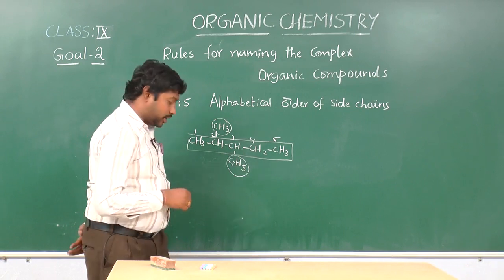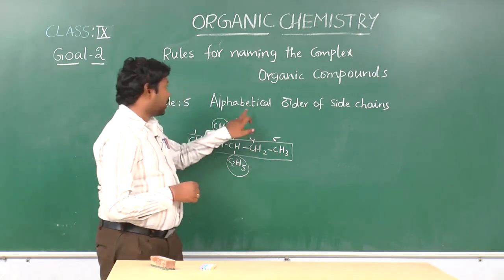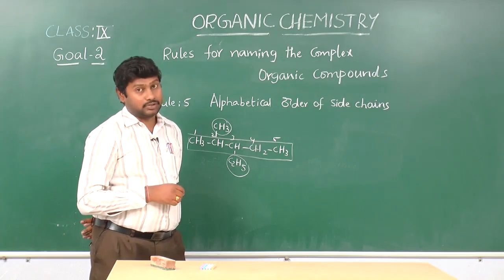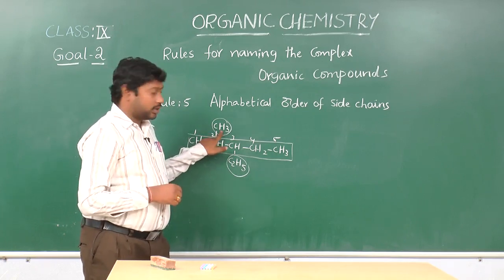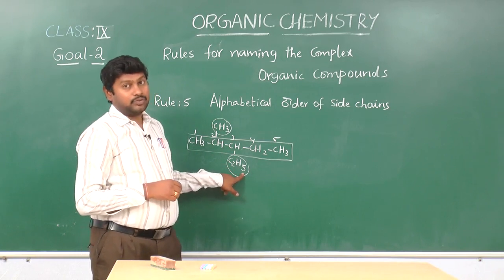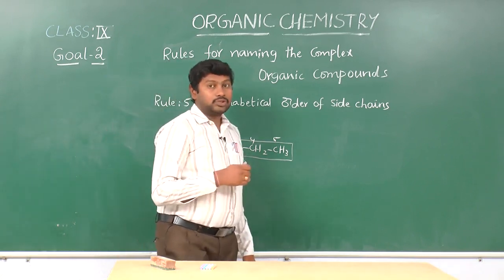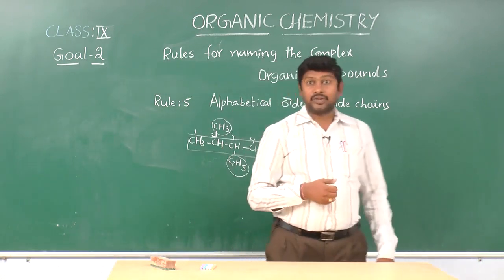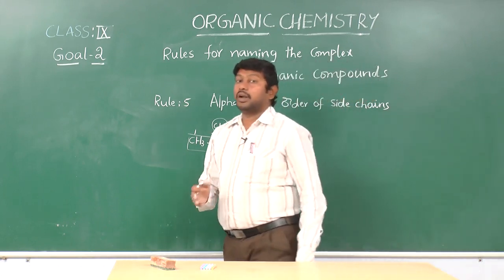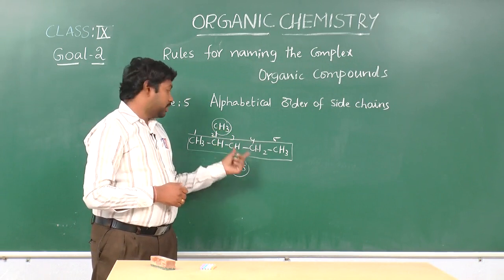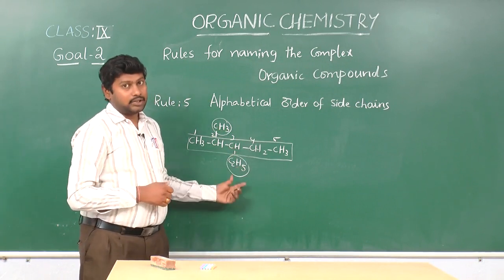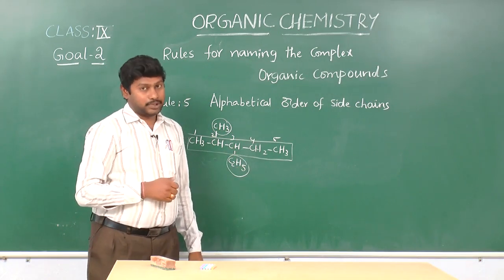Now, how to write the name of this compound? Here, alphabetical order of the side chains. So, we should write in alphabetical order. Here this is the methyl group and this is the ethyl group. So, which prefix should we write first in the name of the compound according to alphabetical order? Here methyl and ethyl groups are there, and ethyl is first in alphabetical order.